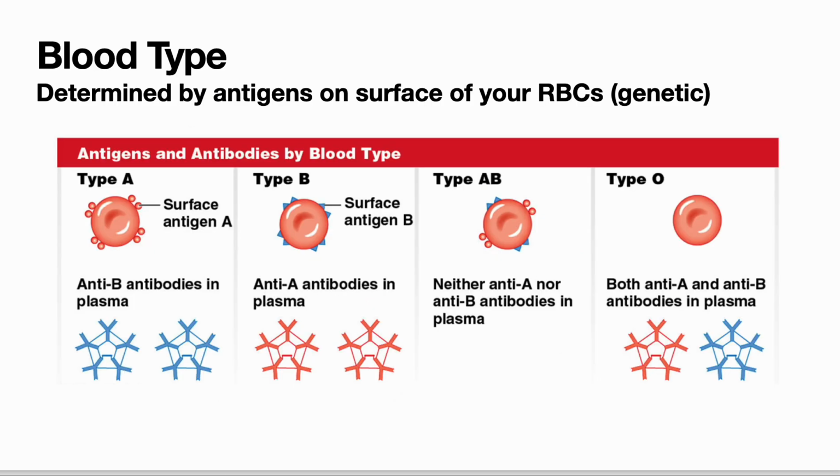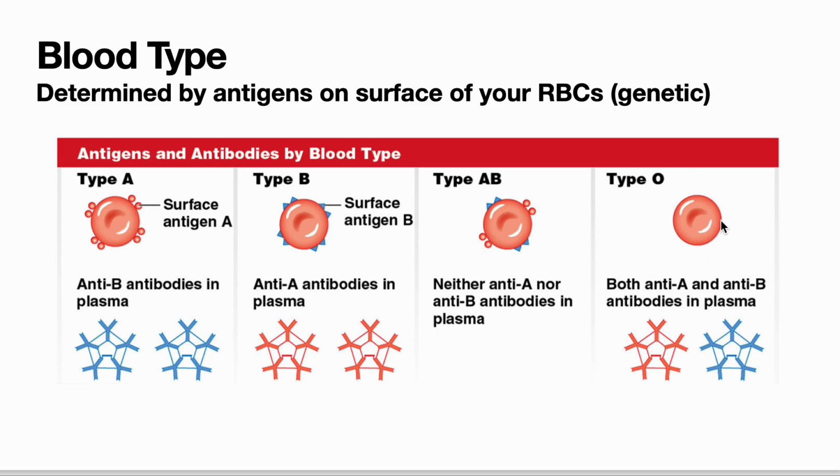All right, that brings us to blood type. I'm not going to spend a lot of time on this because this is something we hit in lab, and so you should be pretty familiar with this. But just want to remind you that red blood cells may display antigens on their surface. They might have type A antigen, type B antigens, or sometimes both, and sometimes they display no antigens.